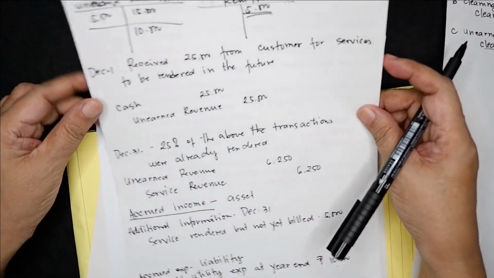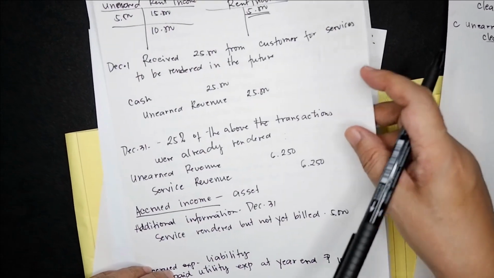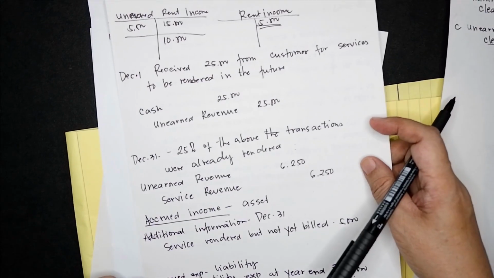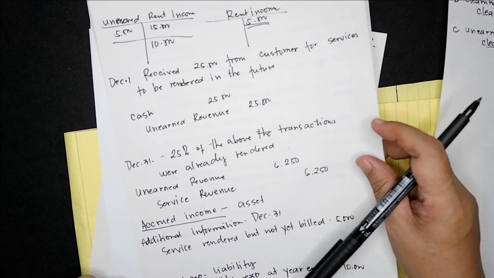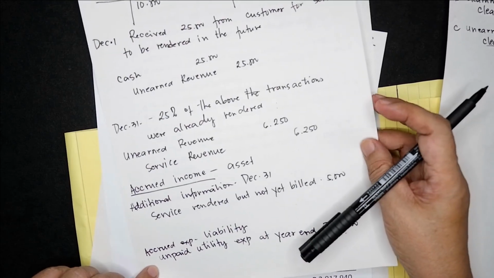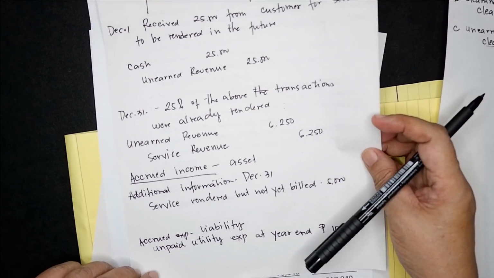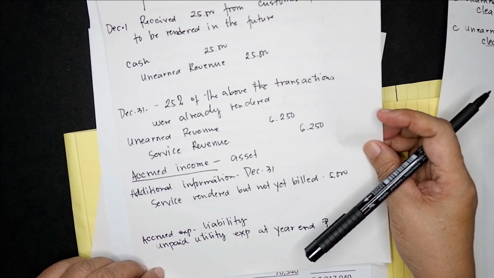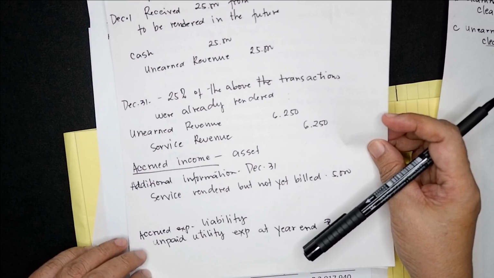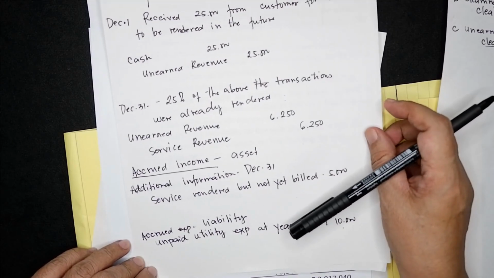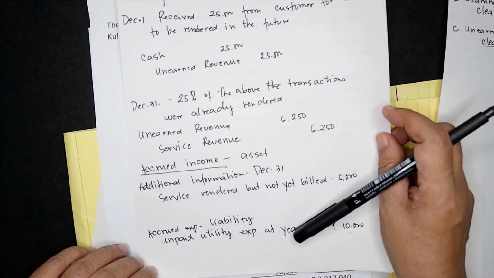So we have a receivable from them, and that is an asset. The best example of accrued income is accounts receivable. And also another one, we have accrued expense, which is a liability. This time, we haven't paid our expense. So an expense already used or incurred, but we haven't paid it yet. So we have a liability.